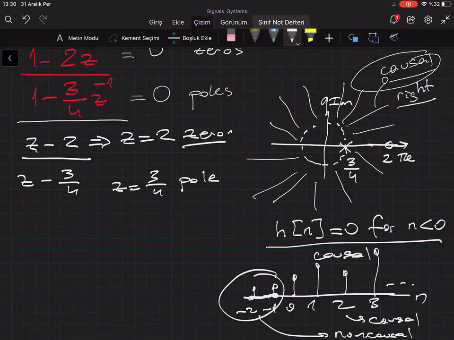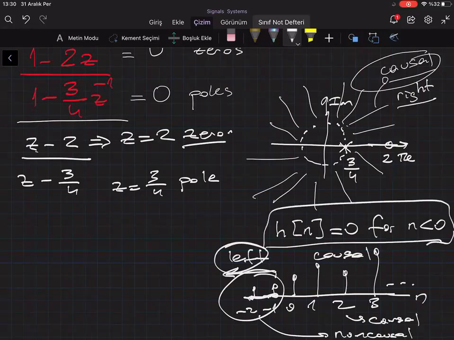If I have anything on the left side, then it will break the rule for causality. So when you see a causal system, you will directly understand that it should be right-sided and the sun should go to the right side, to the outside.